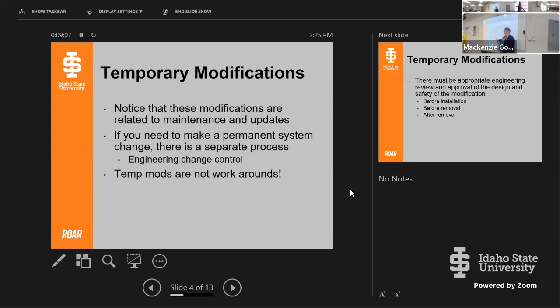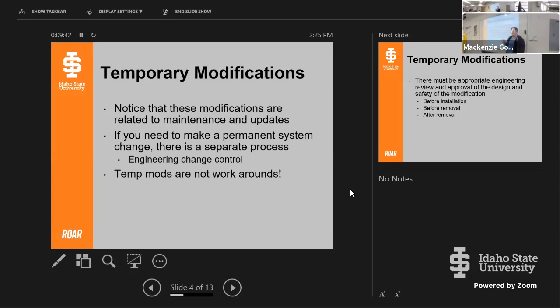The big thing that you will have to resist as operators is using temporary modifications as a workaround to avoid this process. Sometimes a system is not high priority, and even though you keep saying, this is an error likely configuration, we need to change this, I've submitted the documentation, please pay attention to my feedback, it may just not be the high priority system for plant management.